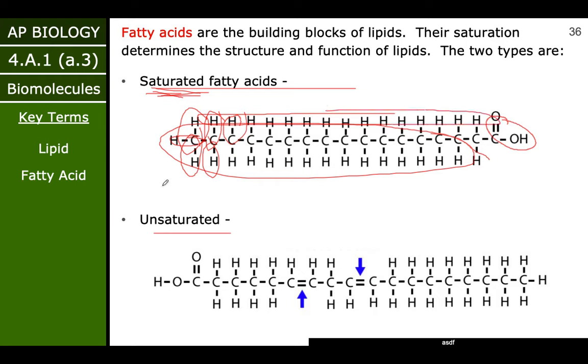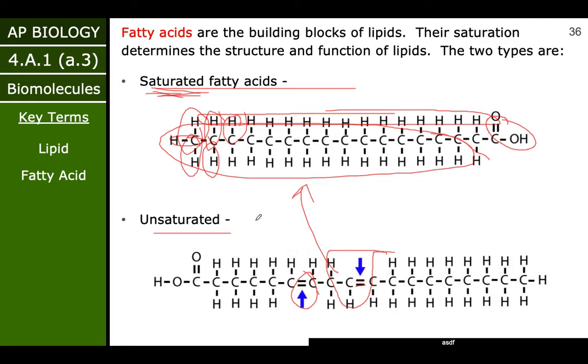However, unsaturated fats have some places, like what's going on right here and right here, that don't have hydrogens where it could have. So it could look a lot like this upper one, right? This higher one. But instead, these carbons decided to have a double bond. So anytime you have a double bond going on, or even a triple bond, depending, that means that you're not going to have hydrogens when you could have had hydrogens, because each carbon atom can only have 4 bonds.